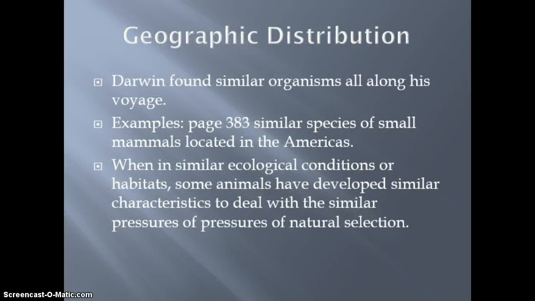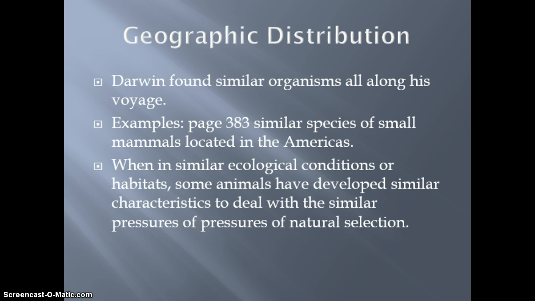We also have geographic distribution. So remember, Darwin's voyage was really around the world, and he didn't just take specimens from the Galapagos Islands. He was taking specimens and observations from all over. And what he noticed is that there were similar organisms throughout.